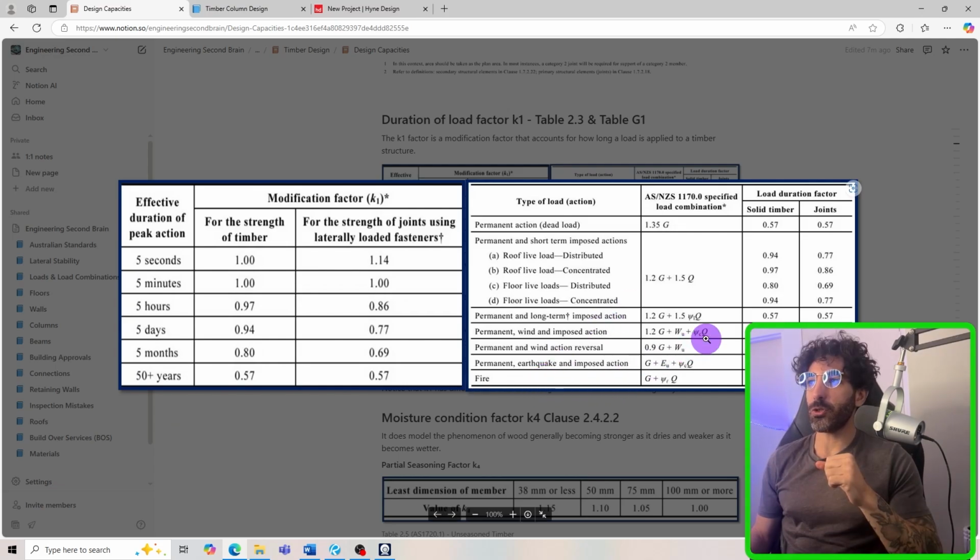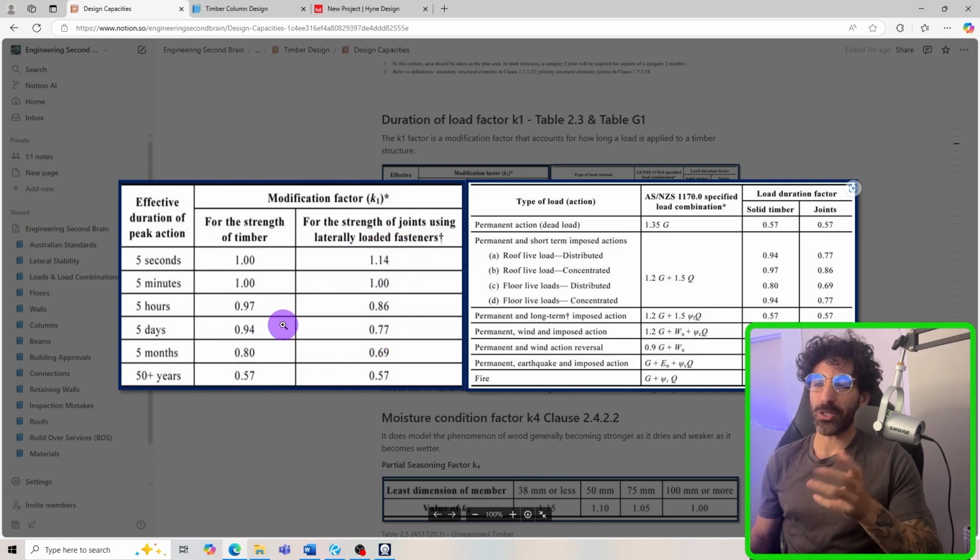So you can either use this table where it gives you the load combinations already, or if you know the effective duration of peak action of the load combination, you can just come here and look at this table. For example, for wind load, it's just a gust of wind, so that's probably around 5 seconds. So that's why we have K1 equal 1 for the strength of the timber, and for the joints 1.14.